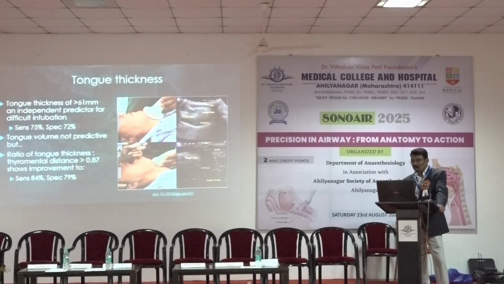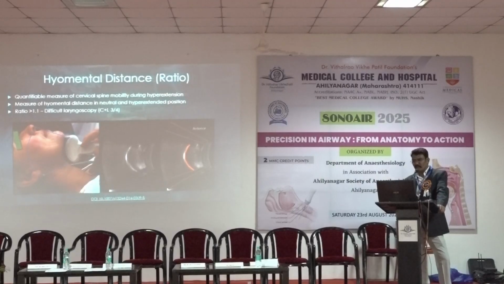You can see the palatoglossal space in a transverse probe, in a linear probe and in a curvilinear probe. It has a specificity of up to 95%. It can identify those difficult mask ventilation. You can see how they have placed the probe here and see the distance between the soft palate and the tongue.